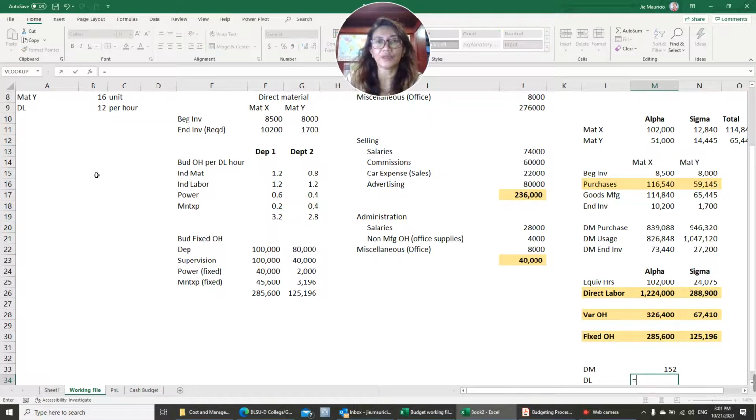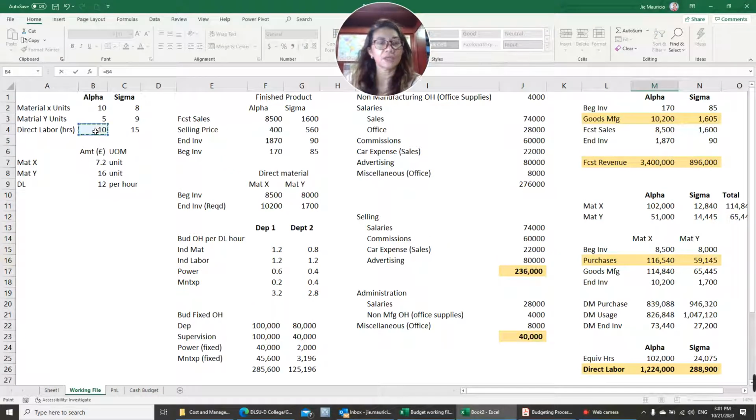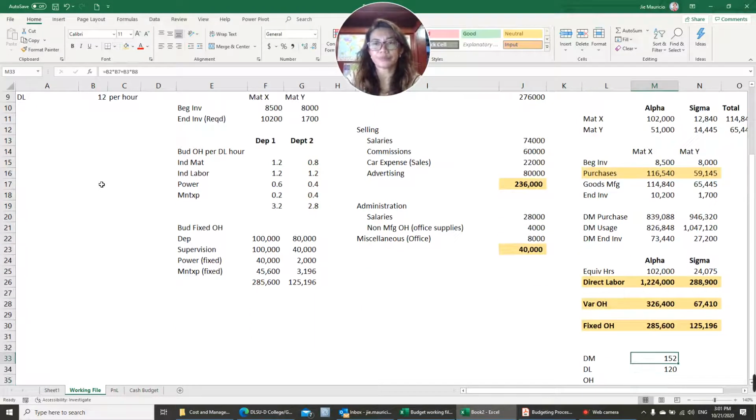Direct labor is 10 direct labor hours times 12 GBP per hour.